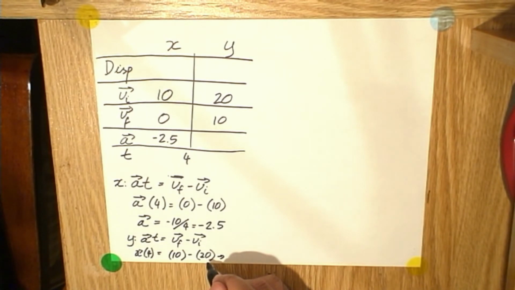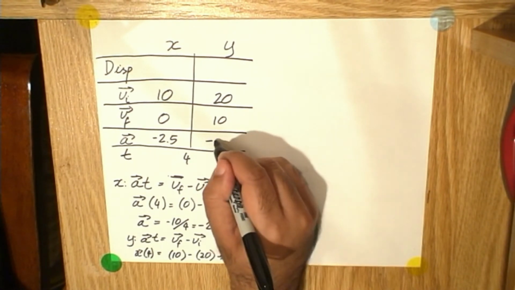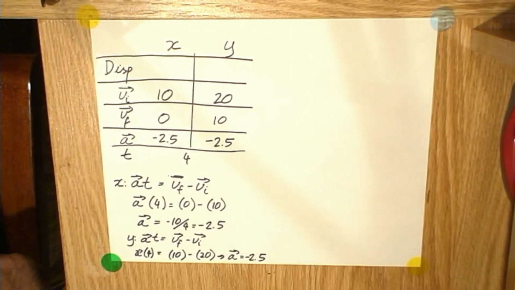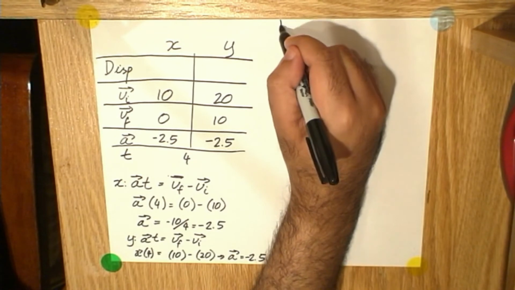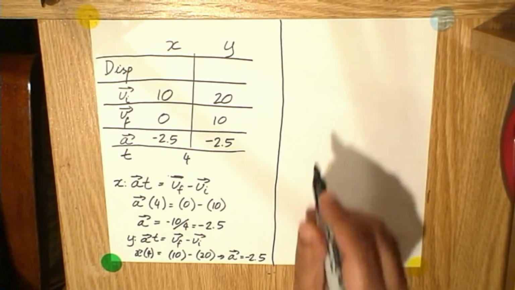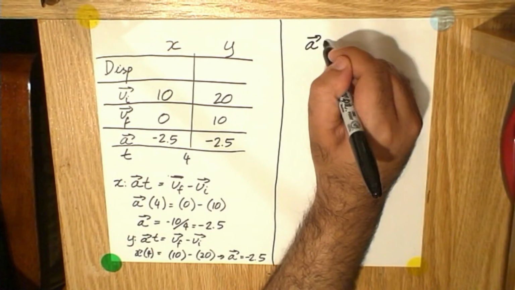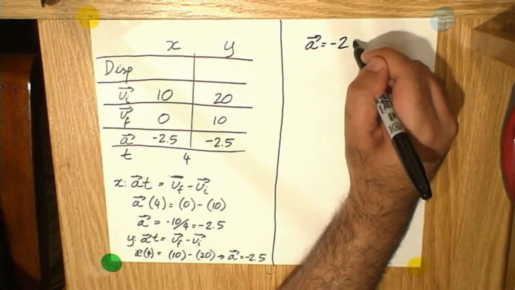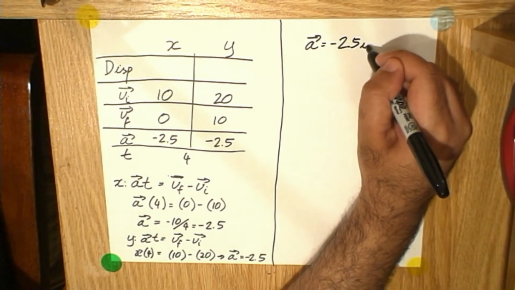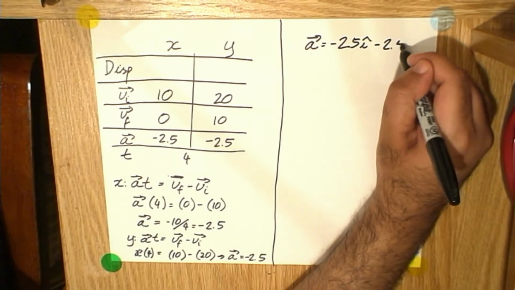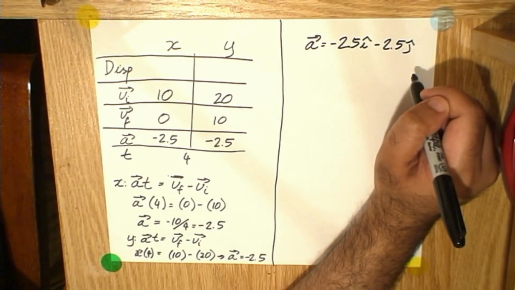Negative 10 divided by 4 is again going to give us negative 2.5. So now we know that the acceleration of this object is negative 2.5 i hat minus 2.5 j hat.